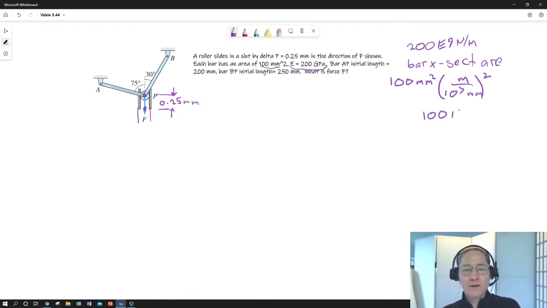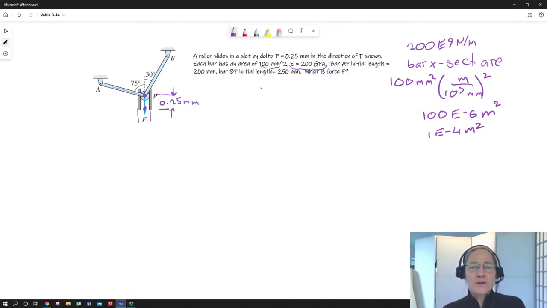So we have 100 times 10 to the minus 6 meters squared, or 1 times 10 to the minus 4 meters squared. Okay, we have our bar area.